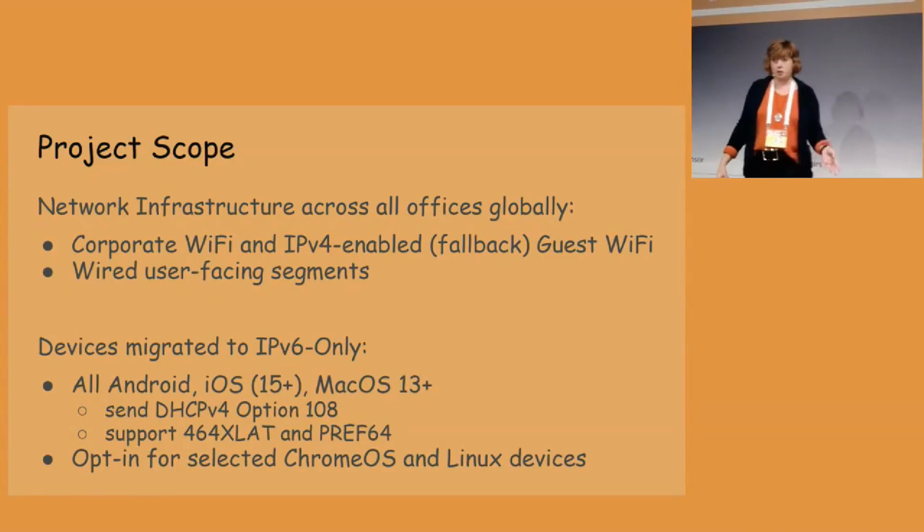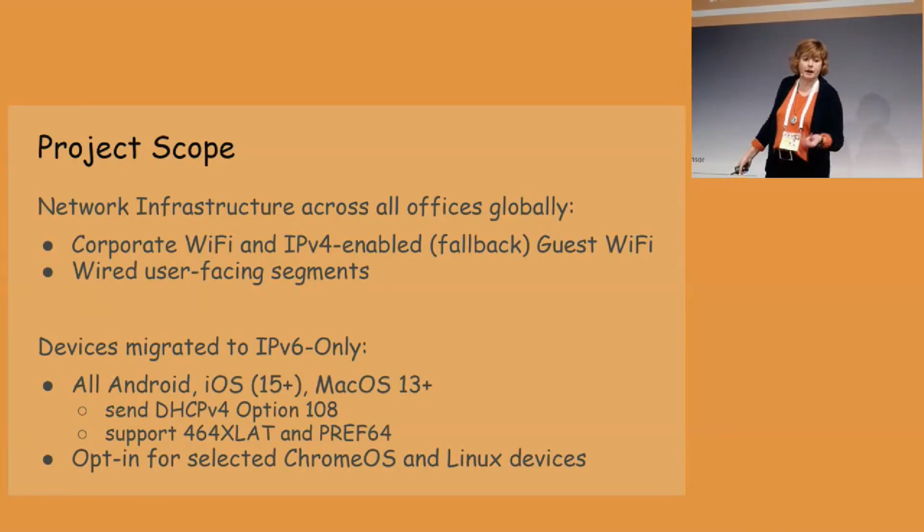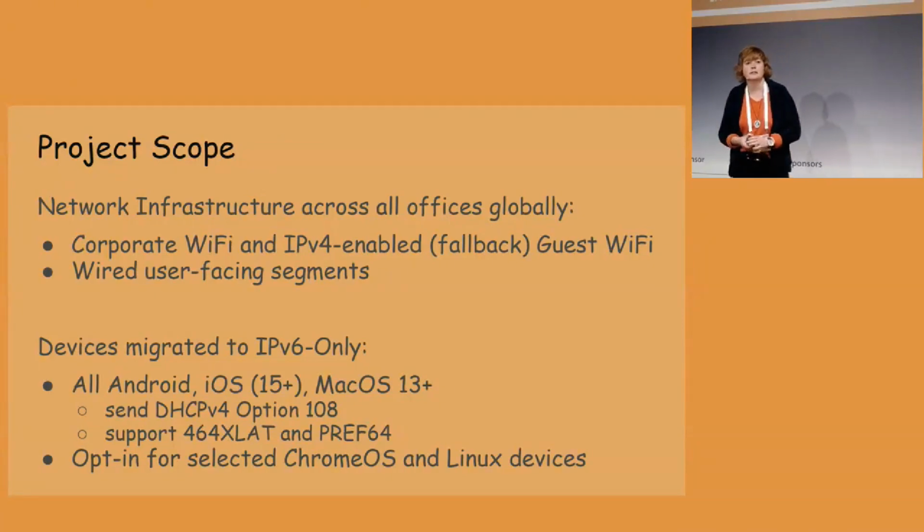So devices in scope: all devices which can send option 108. Currently, Android, iOS, and macOS send option 108 unconditionally. You just turn them on, option 108, they detect the prefix, either by receiving the NAT64 prefix in router advertisement or by using a DNS lookup of an IPv4-only name.